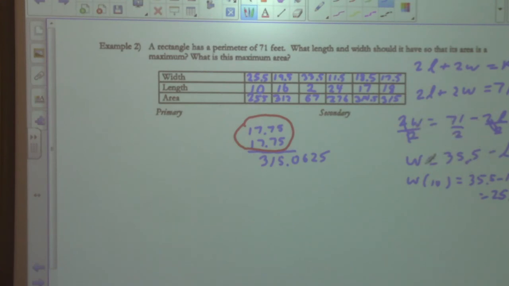If you solve for W, you get W equals 35.5 minus L. To maximize our area, you can set that up as an equation. Area is equal to length times width.